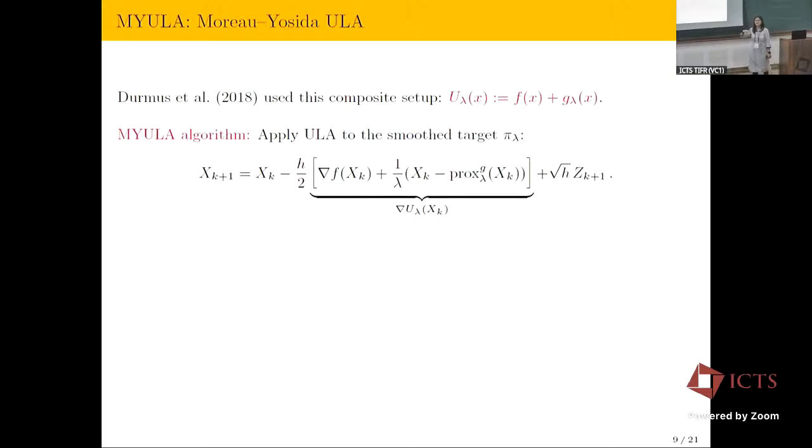You discretize the Langevin SDE, and then you get the ULA algorithm. So now they're going to just apply ULA to the smoothed target pi lambda, which means they're going to do x k plus 1 equals x k minus h by 2 of the gradient of this U lambda x. But the gradient of f is available to me, and the gradient of this g mapping is available as well because of the properties of the Moreau-Yosida envelopes, plus my Gaussian noise.